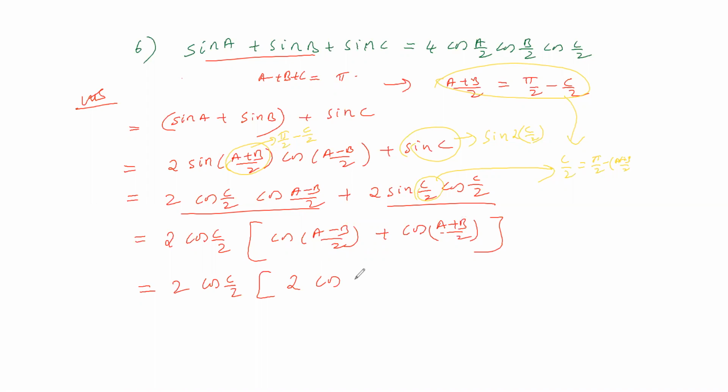In cos (x minus y) by 2, a by 2 and a by 2 cancel, and minus b by 2, cos of minus theta being cos theta, we write cos b by 2. Now 2 into 2 is 4, so 4 cos a by 2 cos b by 2 cos c by 2. So we got the right hand side of the equation. Hence the sixth identity is proved.